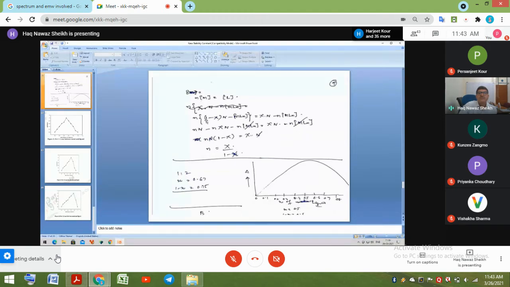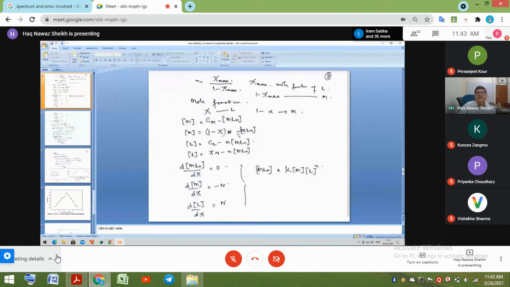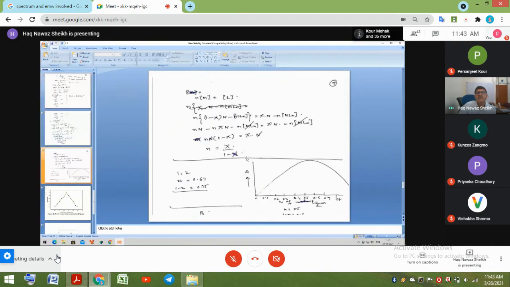But M can be written as (1 minus chi) into N, minus mLn. This is what we had written initially as the concentration of M. Similarly, the concentration of L can be written as chi N minus N mLn. So you again equate these, open these equations.